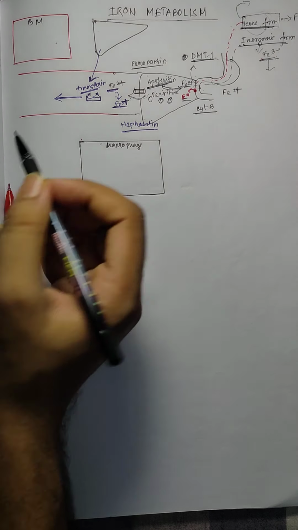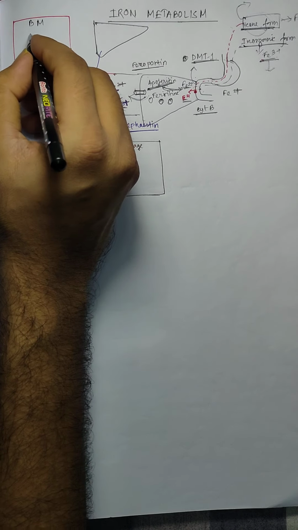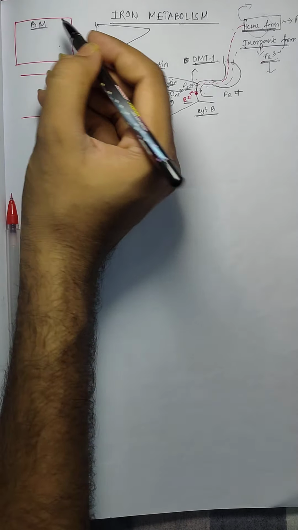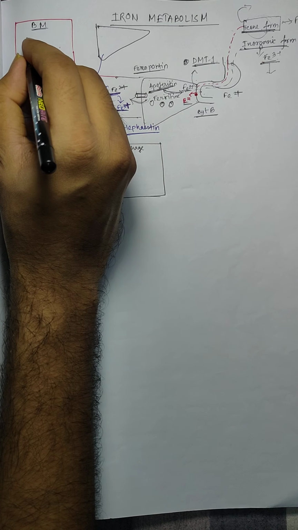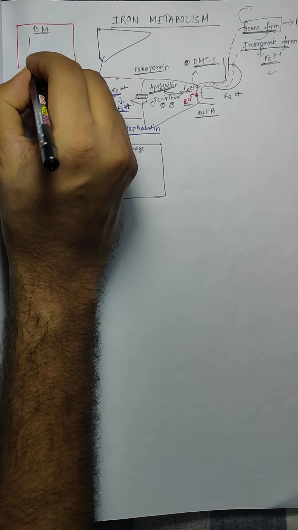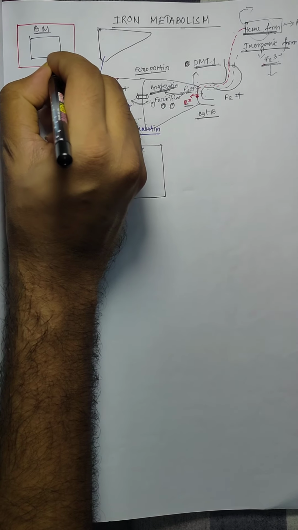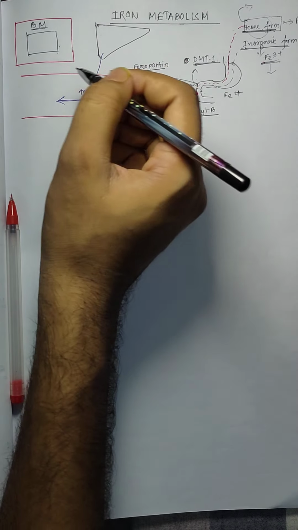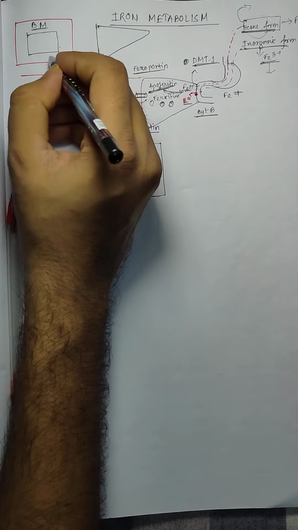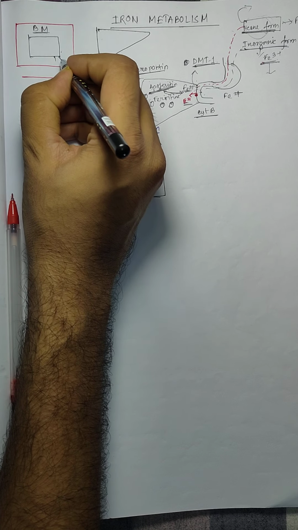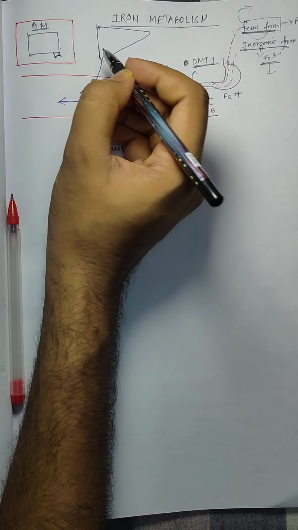So what happens here? In the bone marrow, I take any particular cell, like the erythroblast series cells, which need that iron. So they show one particular receptor for transferrin, known as the transferrin receptor.